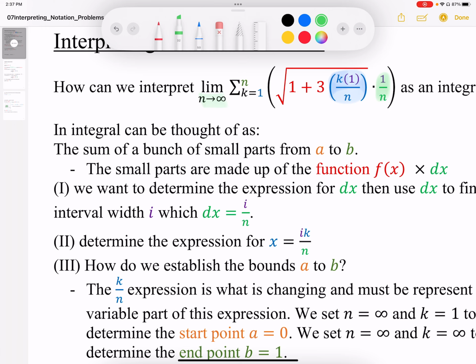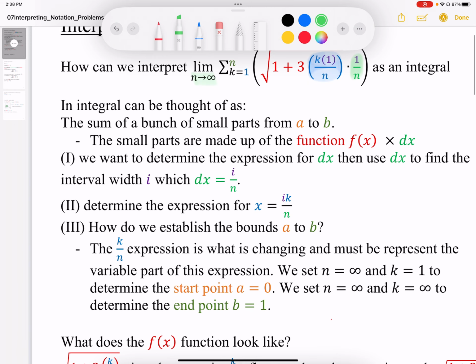So we're going to end up with some finite k value divided by infinity, which is essentially the 0 starting point. And when k equals n, k divided by n is 1, so we have the interval width as our x value there. We'll add on a piece to the x value later on, but for now we'll assume we start at 0.